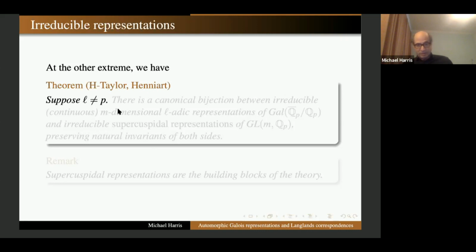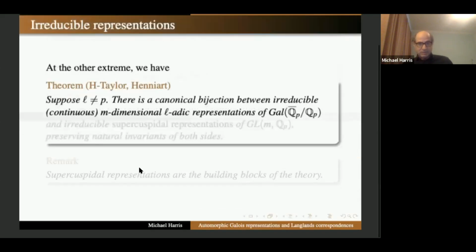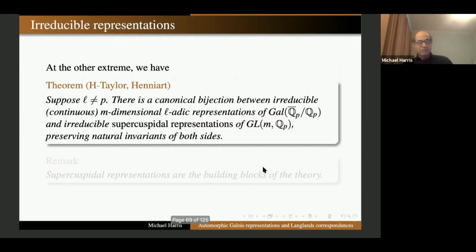Suppose L is different from P. Now, there is a canonical bijection between irreducible, continuous m-dimensional L-adic representations. So now the keyword is irreducible. What we saw before were the completely reducible representations, and now we're looking at the irreducible ones, m-dimensional, and irreducible supercuspidal representations of GLM of QP.